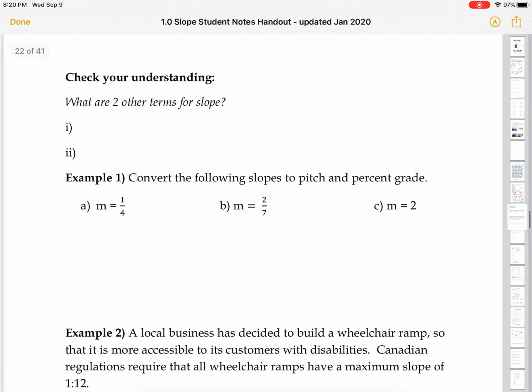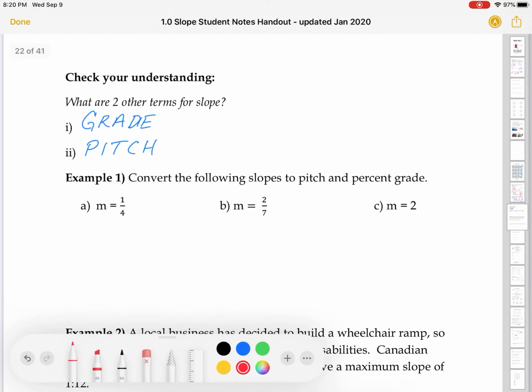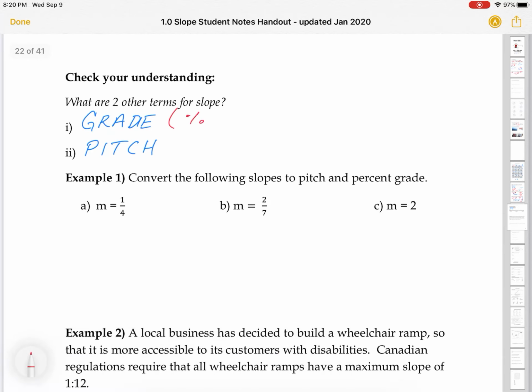Check your understanding. So let's see. We just talked about 2 other terms we could use for slope. The first one we learned was grade, and the second one we learned was pitch. Okay, and if we think about this, we could do grade as a percentage, a fraction, or a decimal.